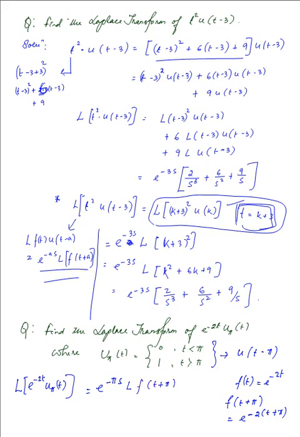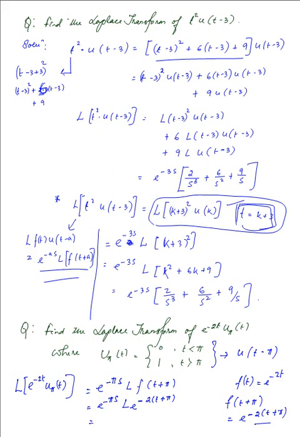We already have the value of f of t plus pi. We are going to use that. So that is going to be e raised to the power minus pi s times the Laplace transform of e raised to the power minus 2 t plus pi, and we can take the 2 pi out, and we have simply e raised to the power minus 2t within that Laplace transform.